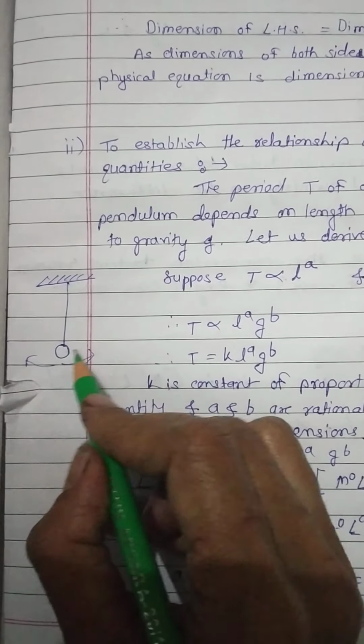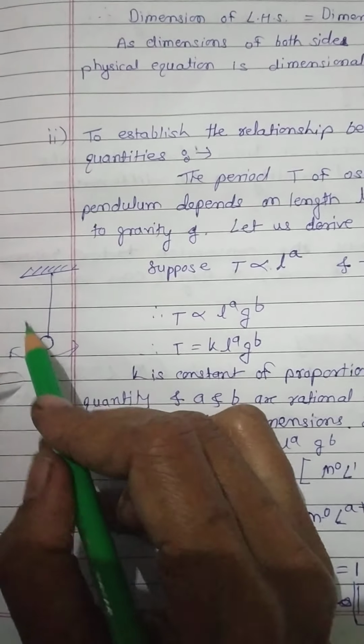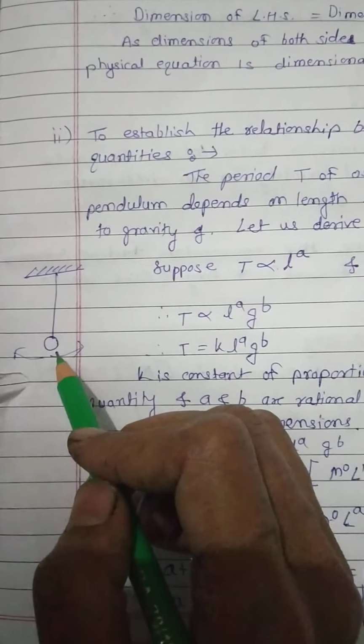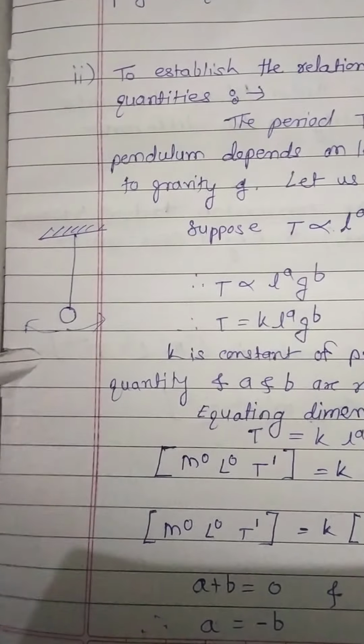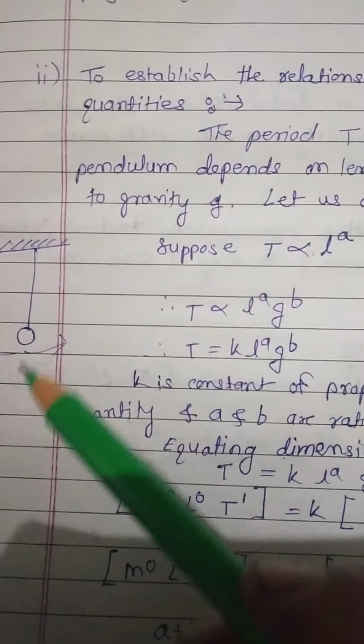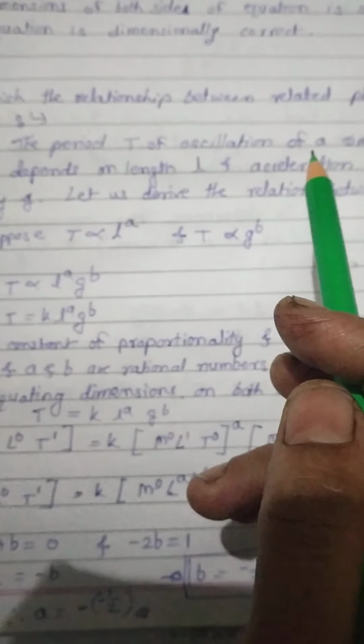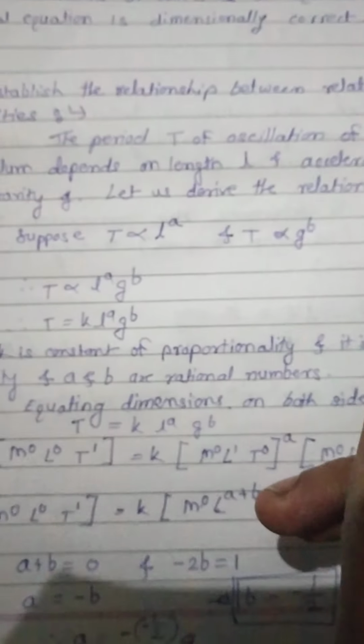So it is called an oscillatory motion, and this system is called a simple pendulum. Now T is the period of oscillation of a simple pendulum.